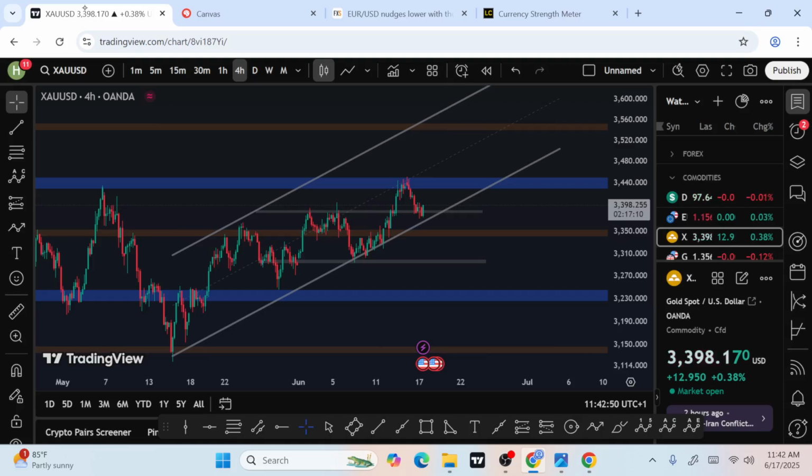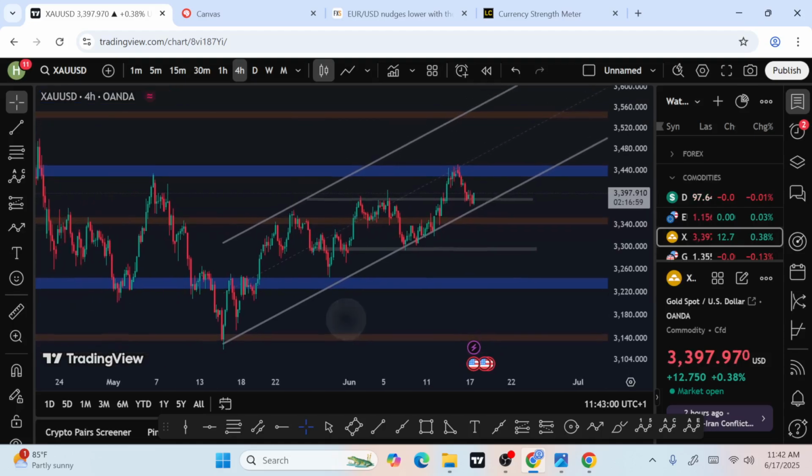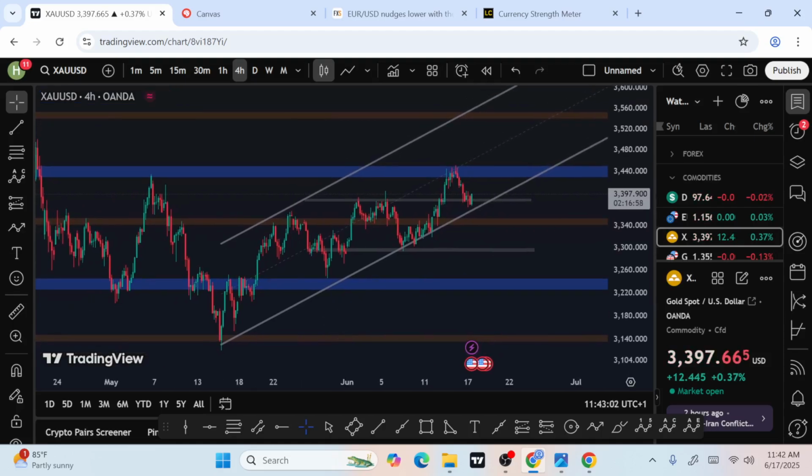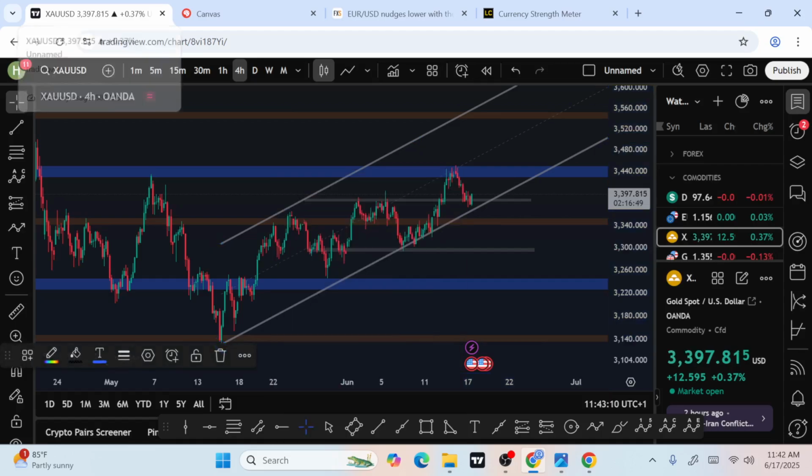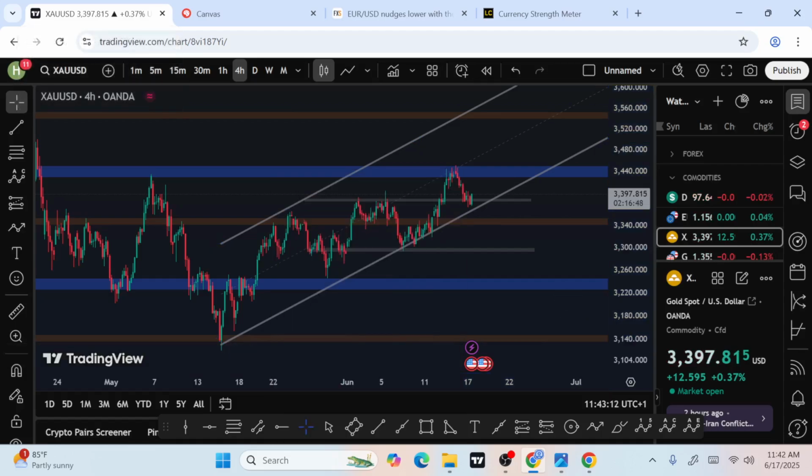My own impulsive move must not necessarily be a single candle like this. Let's say for instance, from this particular place to this particular place is an impulsive move for this uptrend structure.